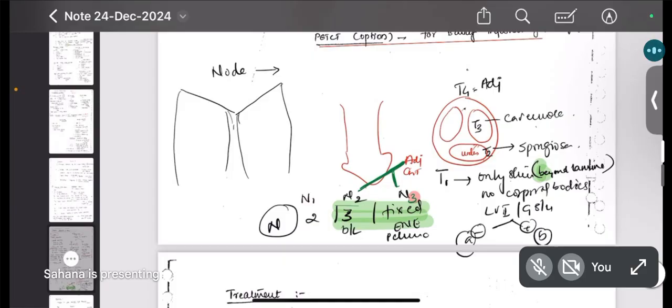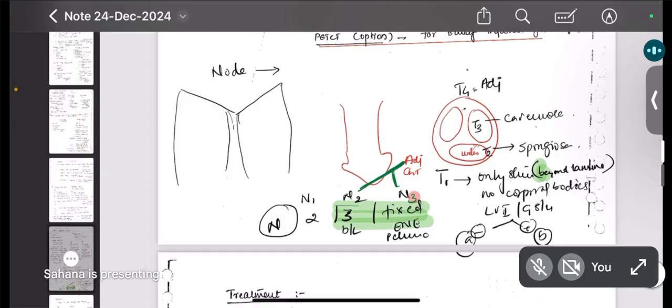If it is spongiosum, then it is T2. If it is cavernosum, it is T3, plus or minus urethral involvement. The urethral involvement will not change your T stage. So your T stage entirely depends on the depth of invasion, involvement of the corporal bodies or adjacent organs, and you will include LVI and grade 1, grade 2.